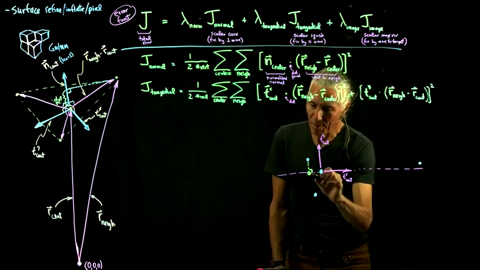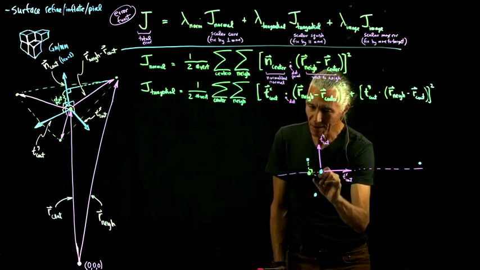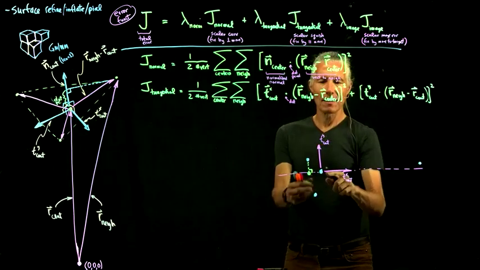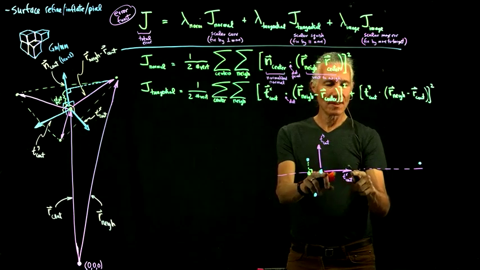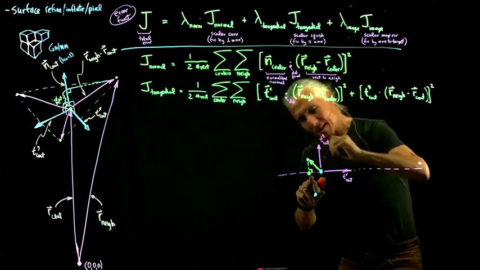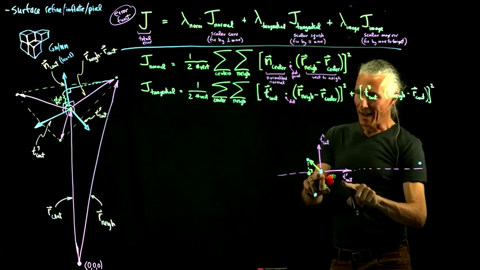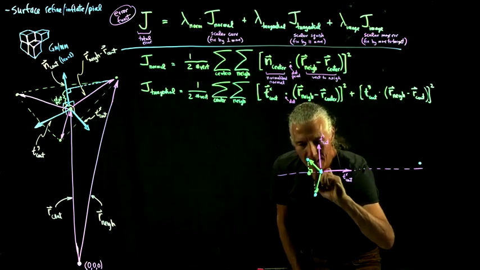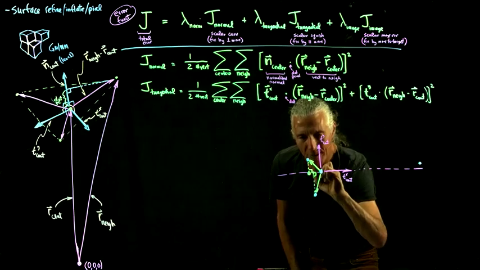So that's the dot product. The length of that is the dot product of this guy onto the tx, and here's the dot product of this guy, that point.